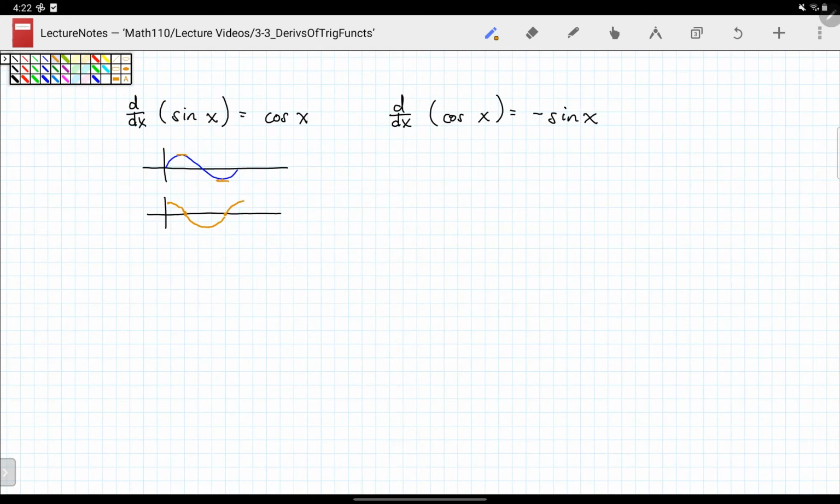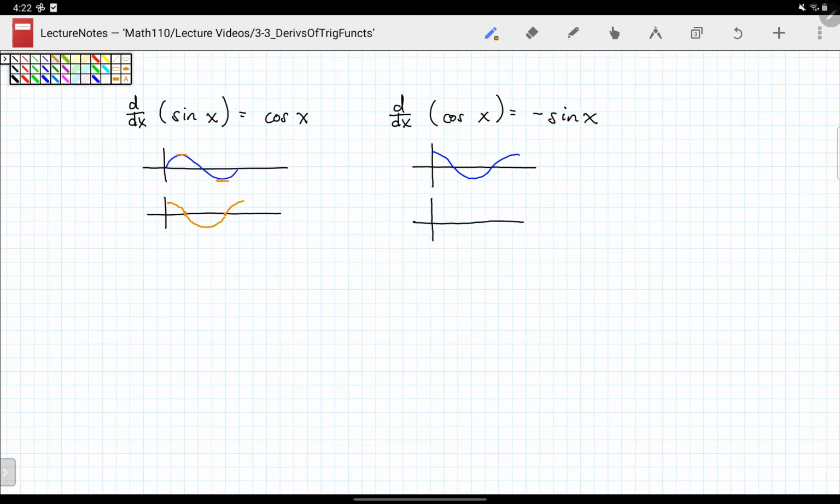So you can quickly draw the picture of how the derivative of sine is cosine, and the derivative of cosine. If I draw that first, the cosine curve looks like this, and I'm going to quickly draw its derivative as a sketch.